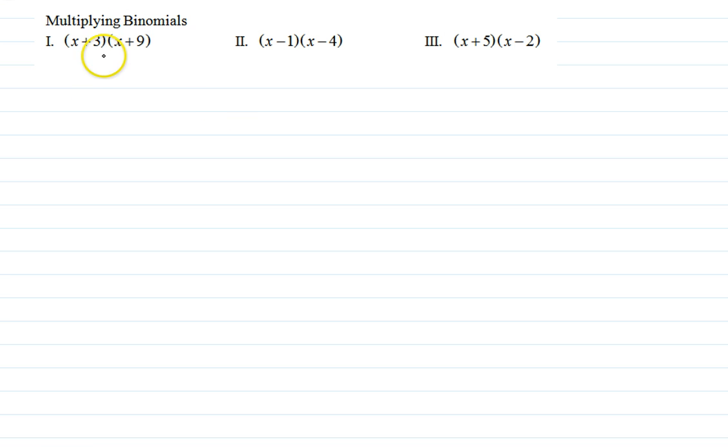Okay, so we're going to multiply some binomials. Since I've already practiced the box method a couple times, here I'm just going to practice FOIL. And so the F stands for the first term, so x times x gives us x squared. Typically when you FOIL, you actually draw the arrows each and every time. Now the O is the outer, and so the x times the 9 gives us 9x.